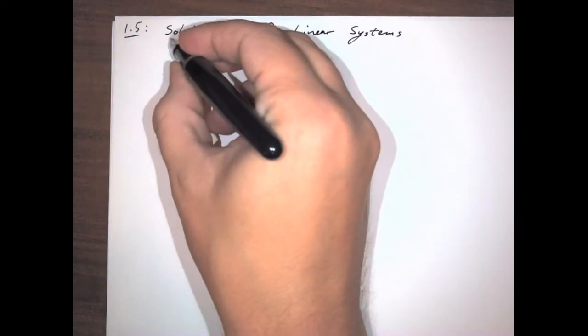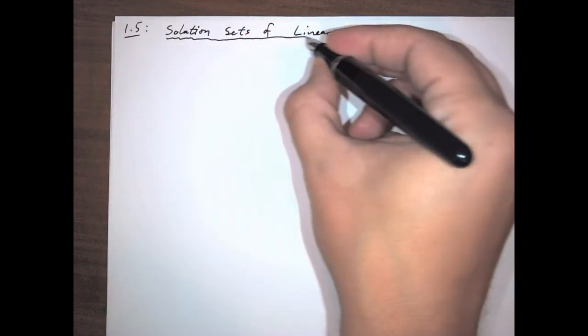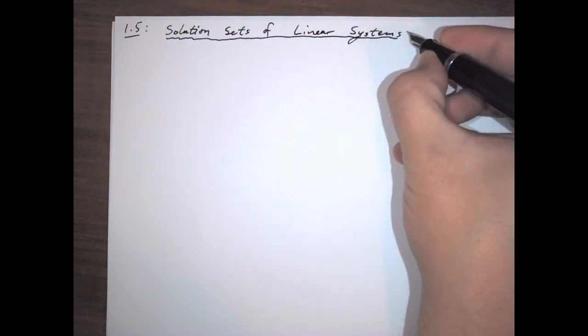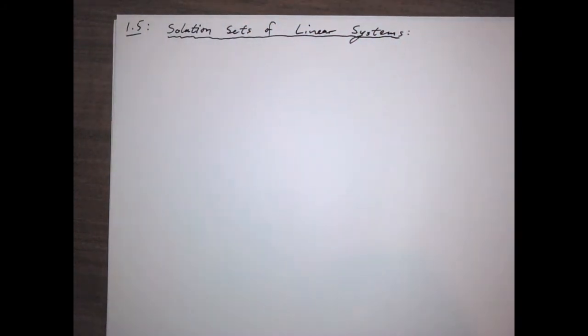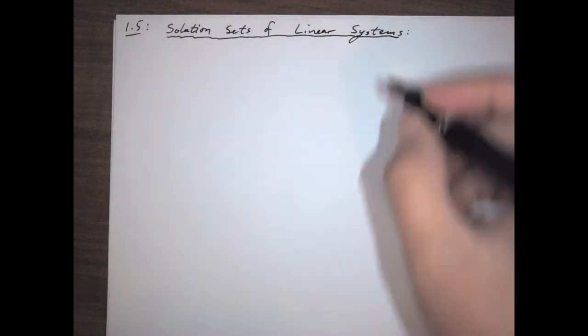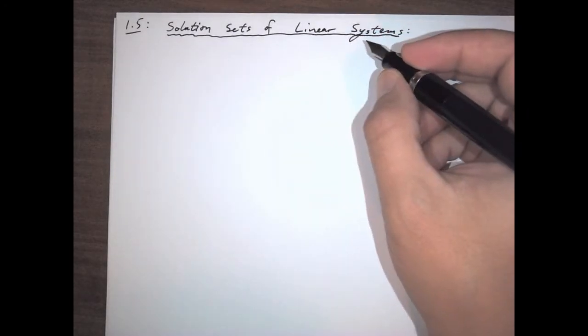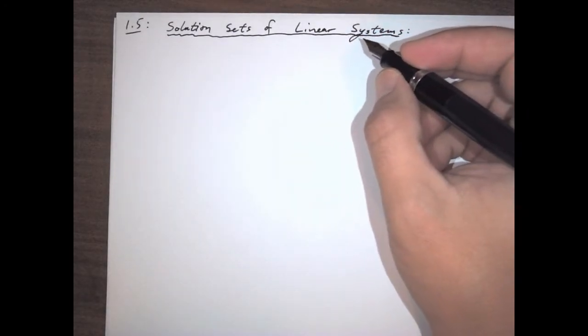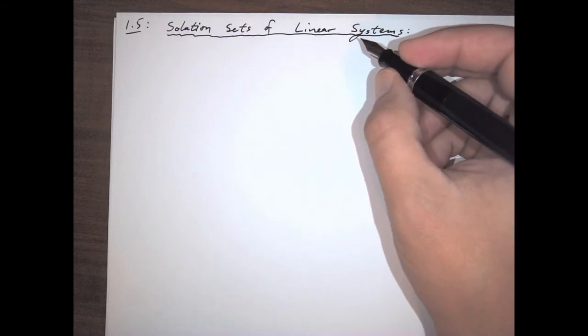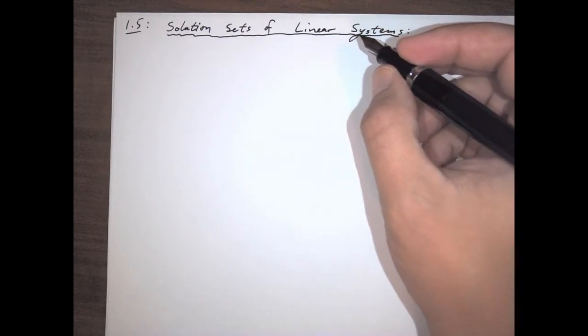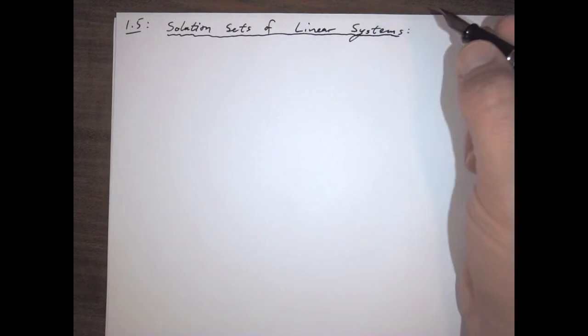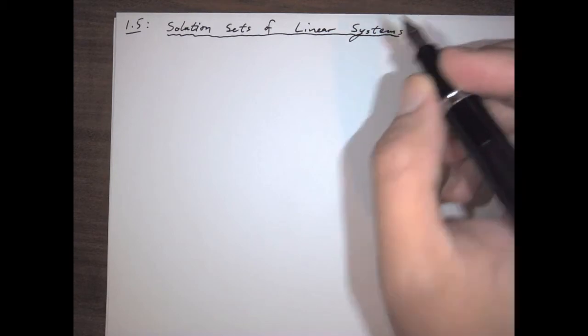Now, by linear systems, what we mean is any of the equivalent situations that we've looked at so far that match a system of linear equations. So linear system can mean either a matrix equation, a vector equation, or a system of linear equations, as those are all different sides of the same fundamental phenomenon.